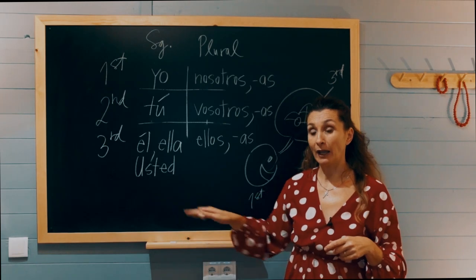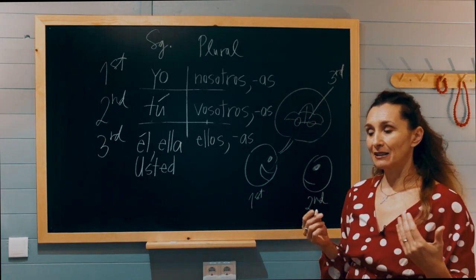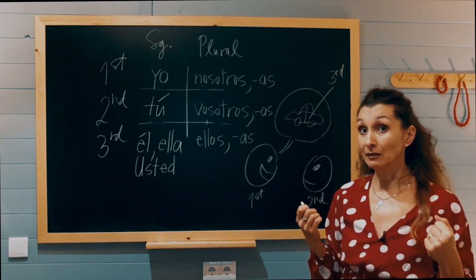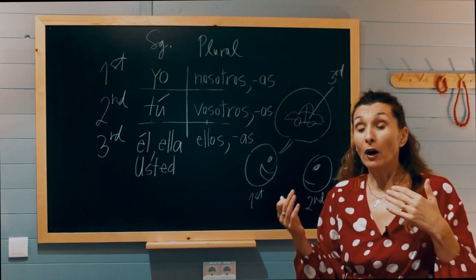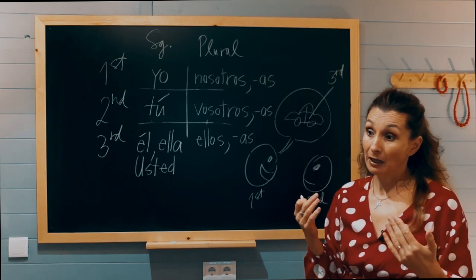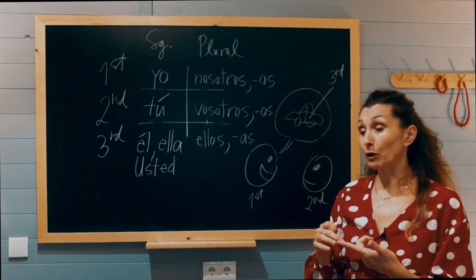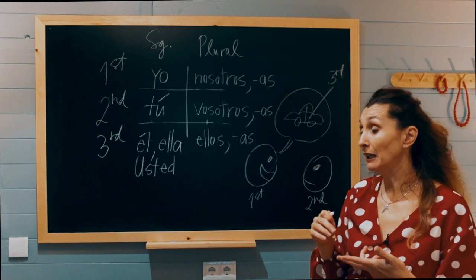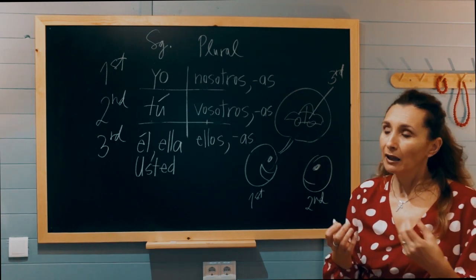usted, okay? So usted, again, is a formal way of addressing a person that we, again, for one reason or another, there is some kind of authority, higher authority, or higher up in hierarchy, older, whatever reason, okay?